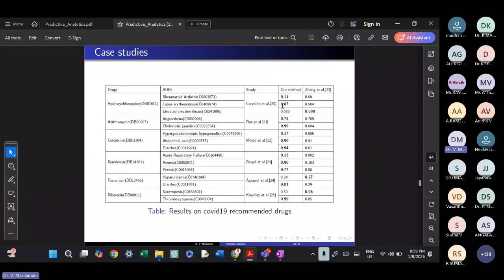For the second one, the AUROC score is 0.87. That is very good. And for the third one, AUROC score is 0.683. These two are okay, but the first one is not that great.